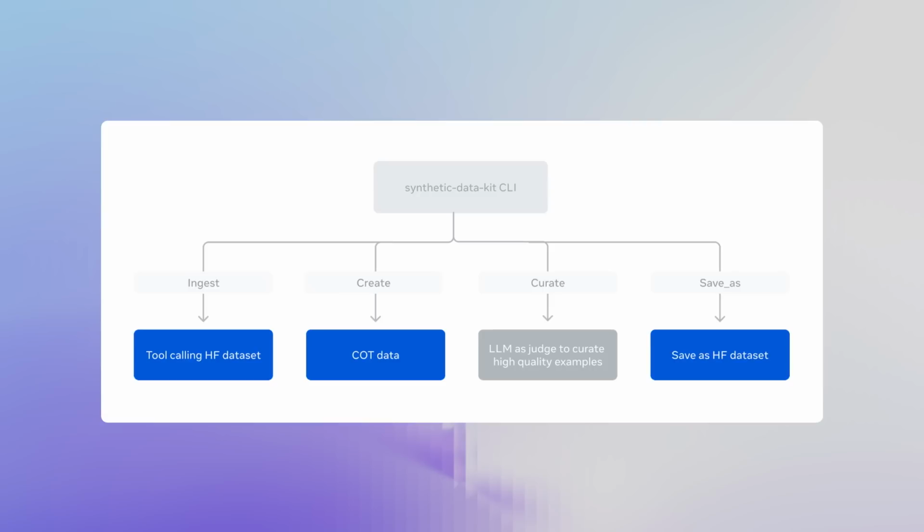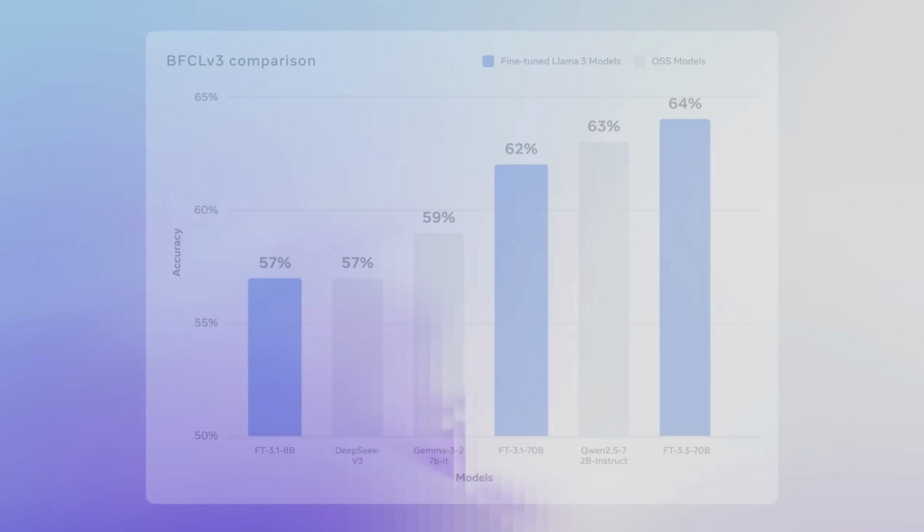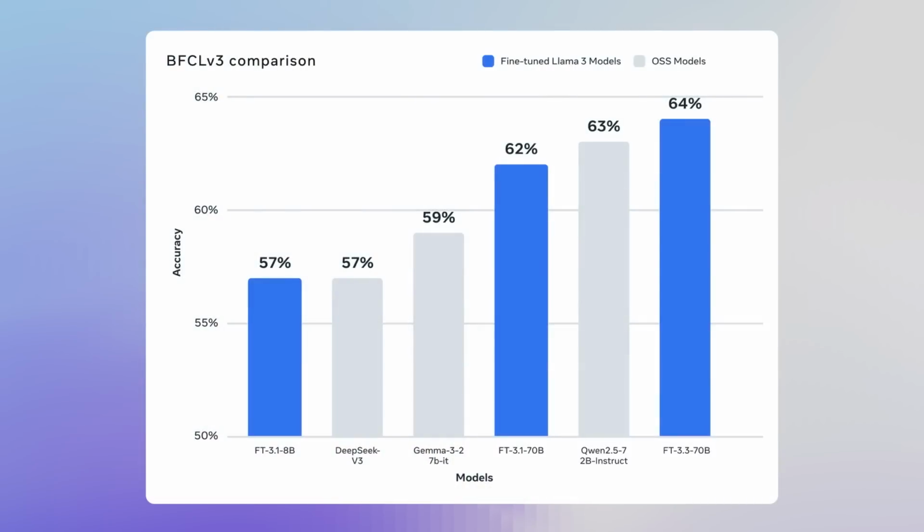And then we curate it carefully to make sure that we have high-quality data. Finally, we saved everything in a Hugging Face data format, which is ready to be used for fine-tuning with TorchTune and Unsloth. And here is the result of the fine-tuning effort in action. We have used BFCL v3 as the widely adopted metric for tool calling, and everyone is familiar with that.